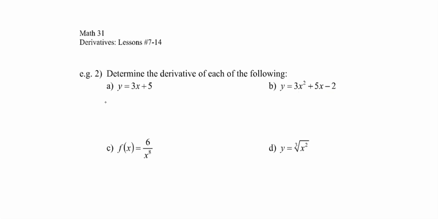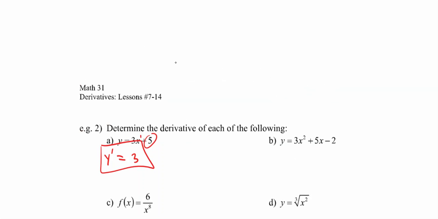So let's do these ones. y prime would be equal to, and this was 1 right there, so the 1 would come down, and the 3 out front, so that would be 3 times x to the power of 0. Anything to the power of 0 is just 1, so that's just 3. And the derivative of just a constant is 0, so I don't need it. So the derivative here would just be 3.